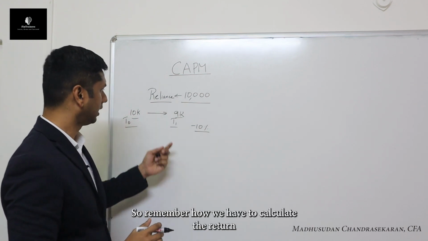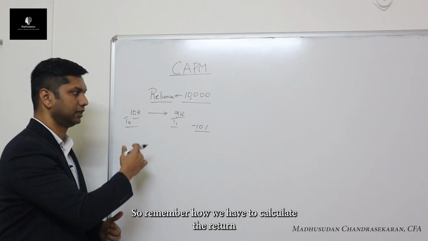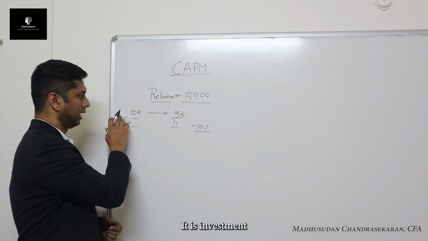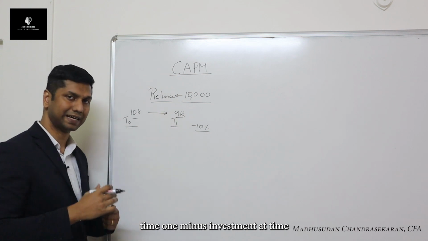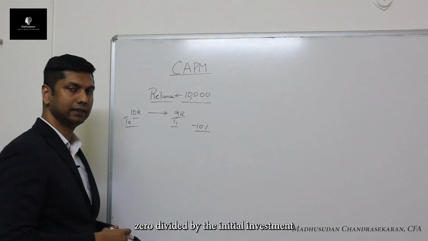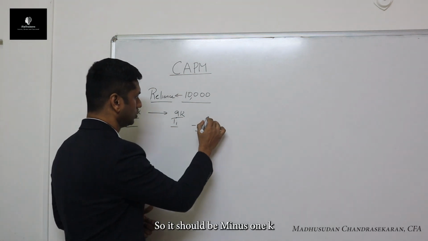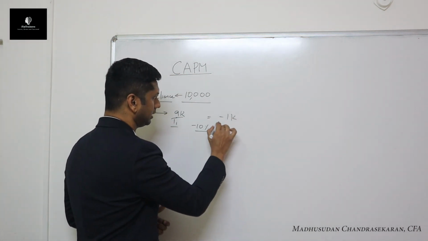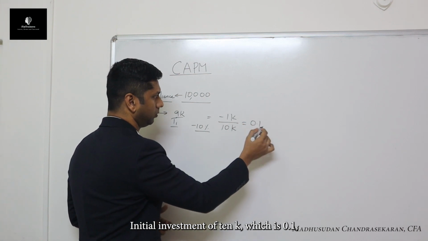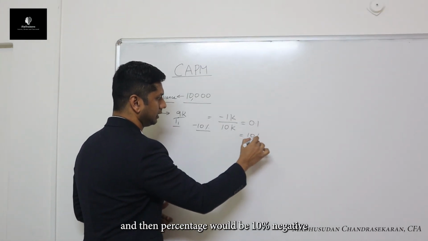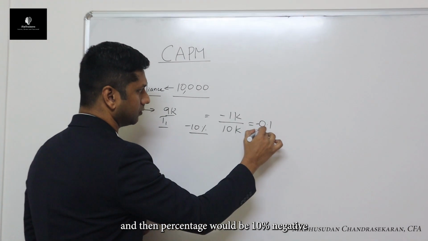Remember how we have to calculate the return. It is investment at time 1 minus investment at time 0, divided by the initial investment. So that would be minus 1k divided by the initial investment of 10k, which is 0.1, and in percentage would be 10% negative.